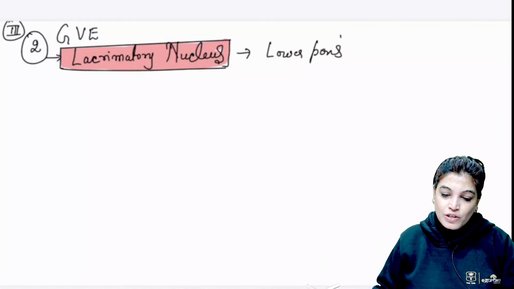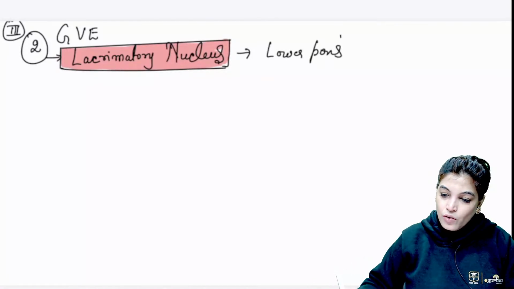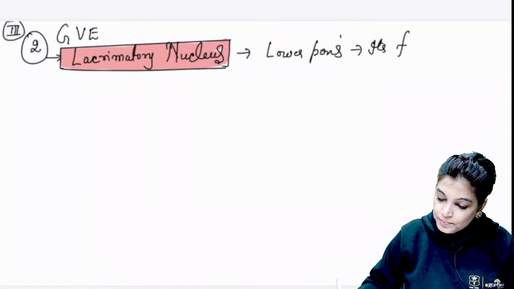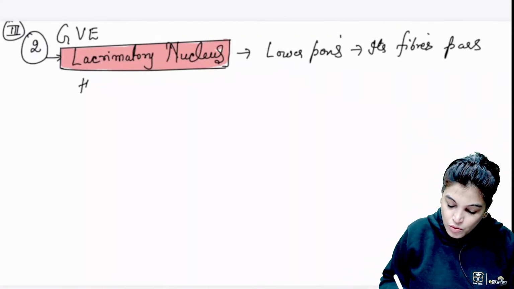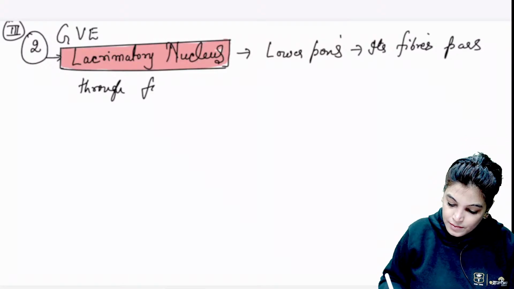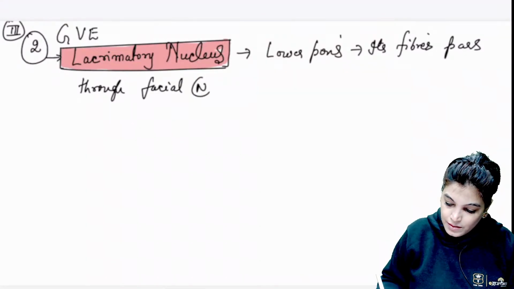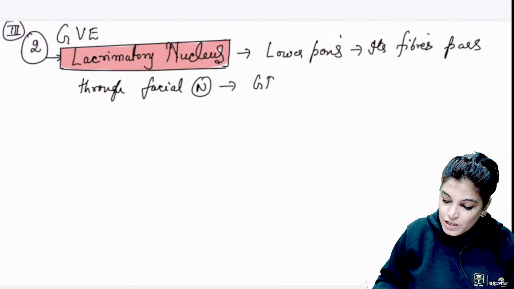So lacrimatory nucleus is located in the lower pons, its fibers pass through the facial nerve and its branch, that is GPN. What is GPN?